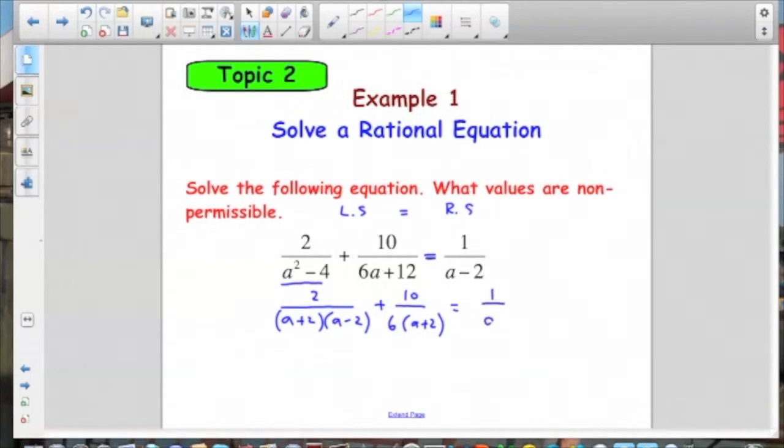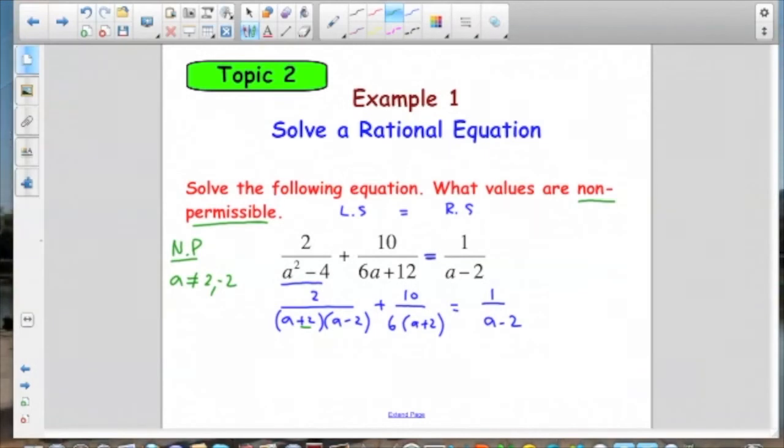And that we don't have to worry about. Okay, so we've done our factoring. So it's good at this point because we have the word non-permissibles. Let's just do those non-permissibles before we go too far and we lose it. So we have a plus 2, a minus 2, and a plus 2. So we say a cannot equal 2 and negative 2.